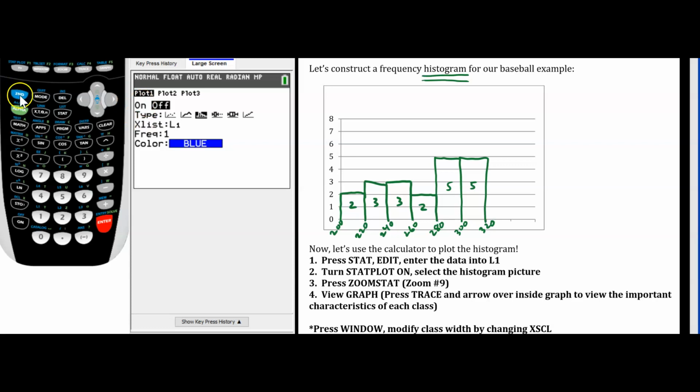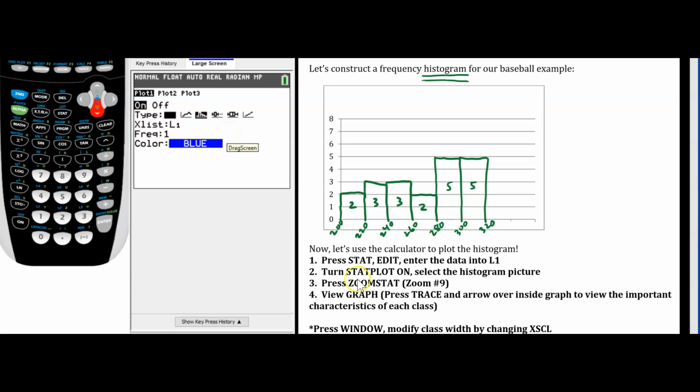So again, this is second and then Y equals, and I have to press enter to turn the plot on. And I want to select the picture that is a histogram, or the one that looks like a bar graph, and that's the middle one here. Some of your calculators will have 2 rows here, but it's the same order of pictures, and so the third picture is the one in all of our calculators with the histogram.